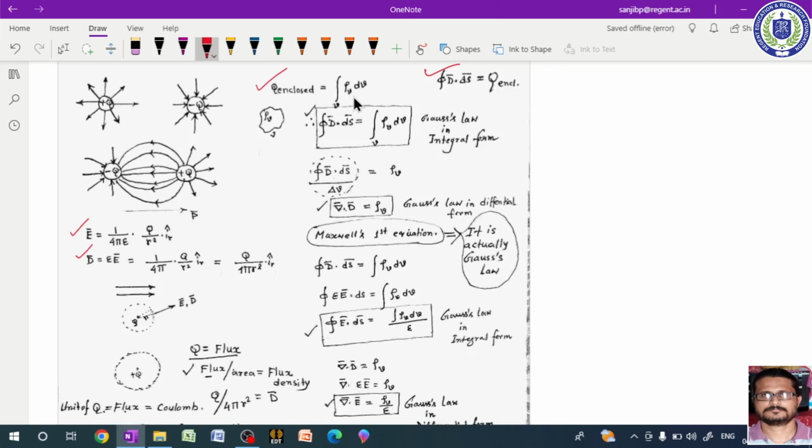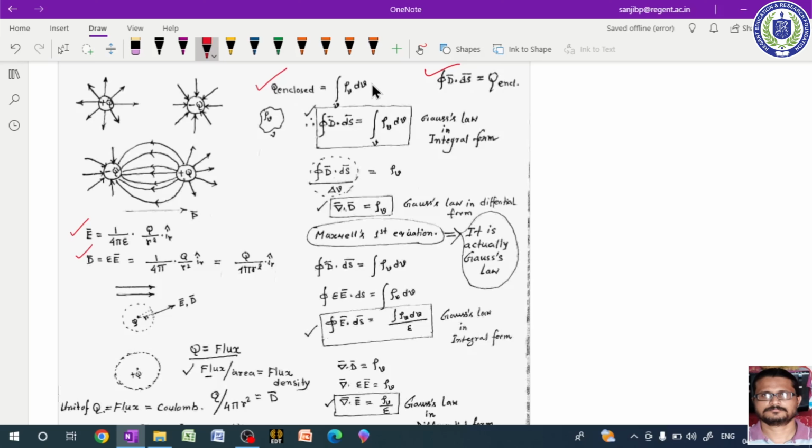So the total charge inside the volume by volume integration will be equal to Q enclosed. Similarly, the total flux coming out by surface integration, with flux density D, will be the integral of D dot dS. That is also Q enclosed.